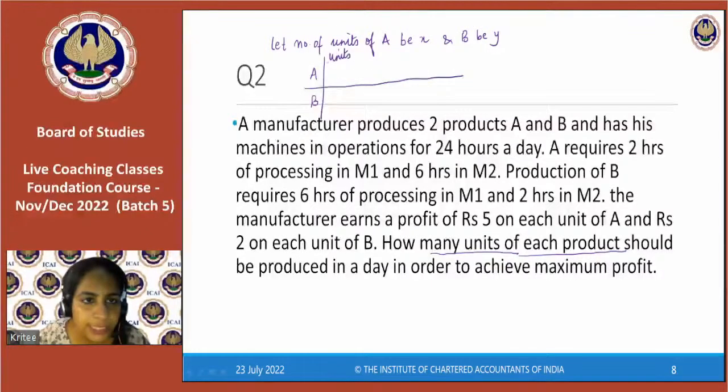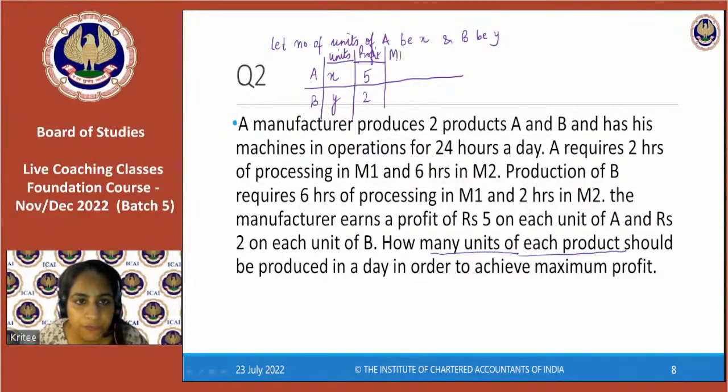The units that I am producing in A and B are X and Y. For each unit of A, the profit that I get is 5 rupees. For each unit of B, the profit I get is 2 rupees.